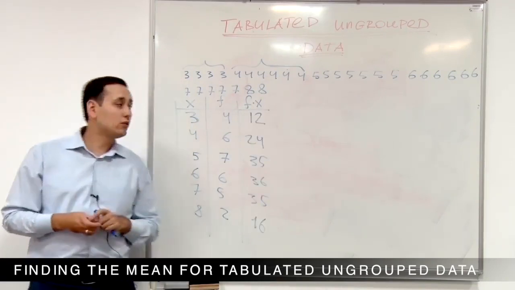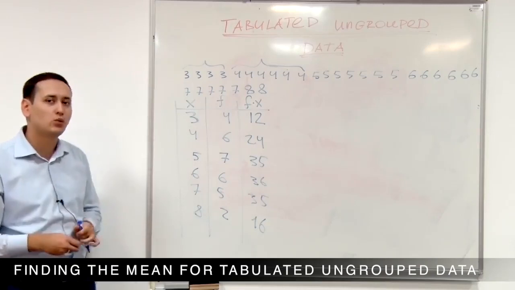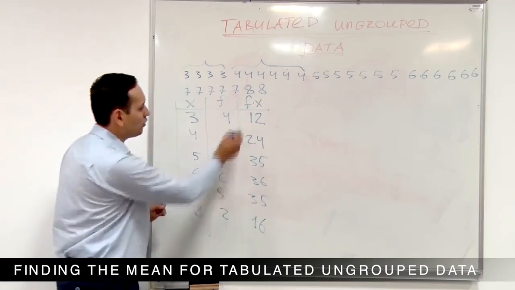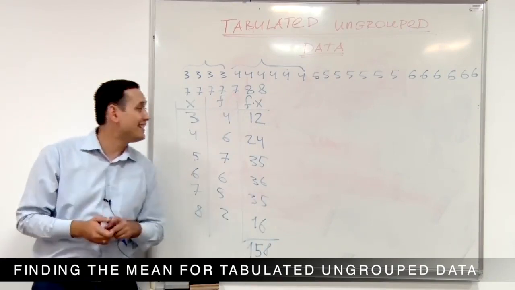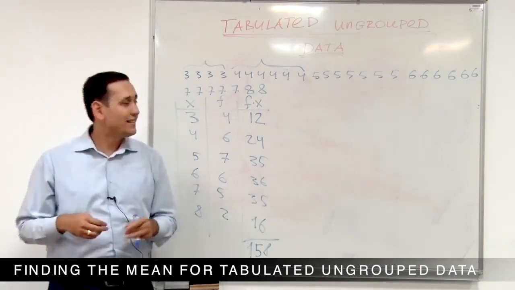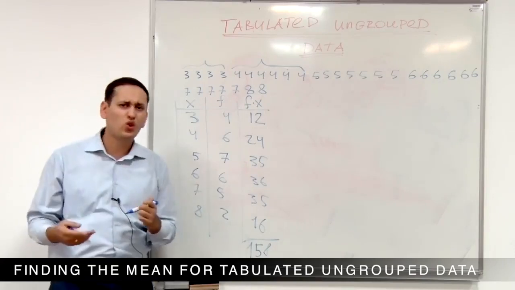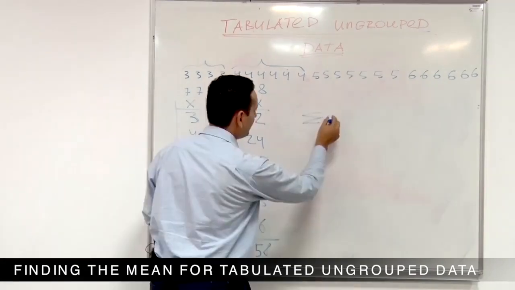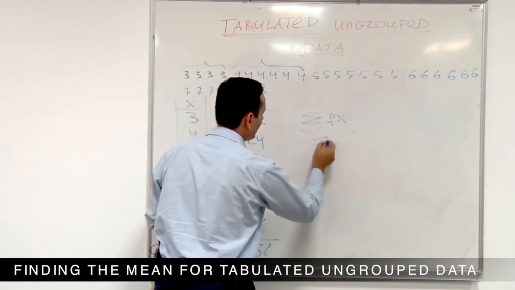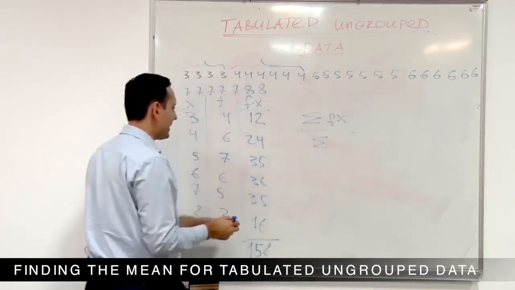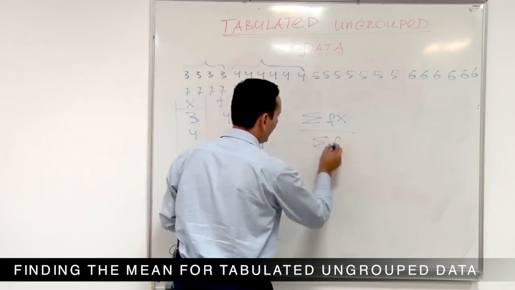Now that we have calculated the Fx, we will have to find the sum of all this Fx. The sum of Fx is equal to 158. Now, to find the mean for this data, we simply divide the sum of Fx by the sum of all days, that is, the sum of f's.